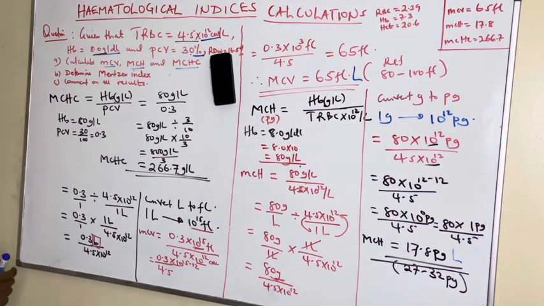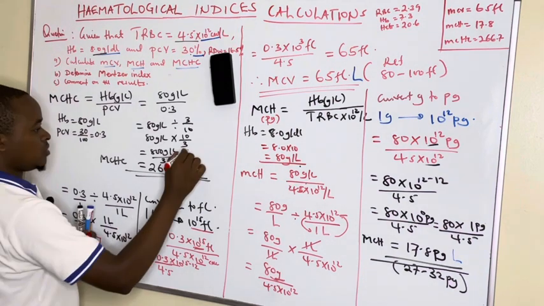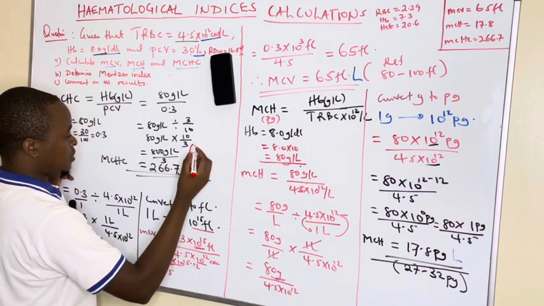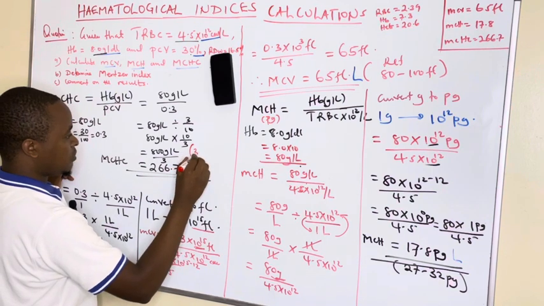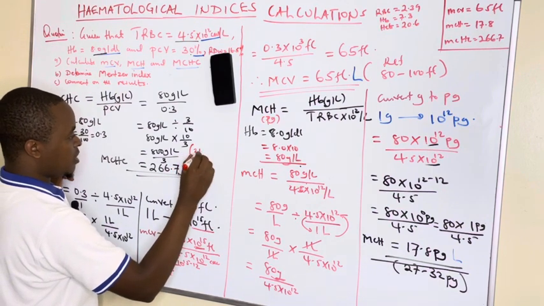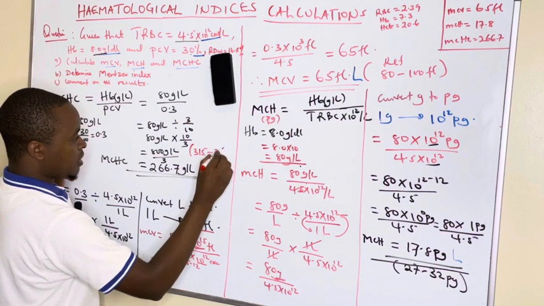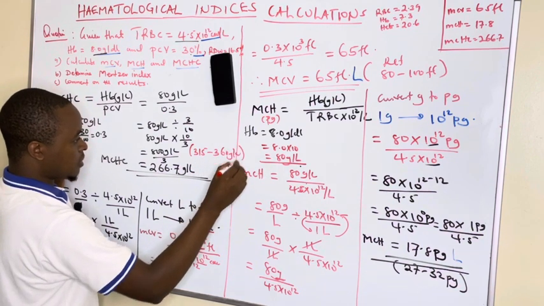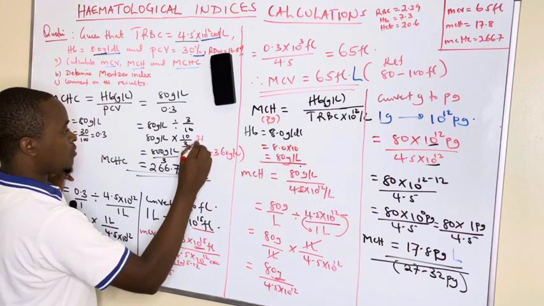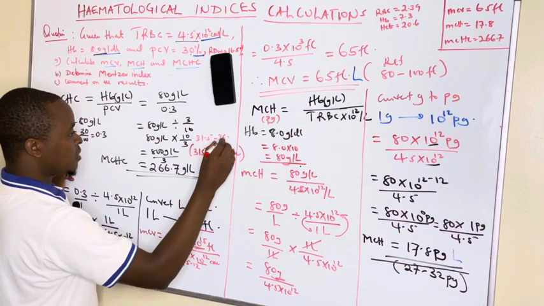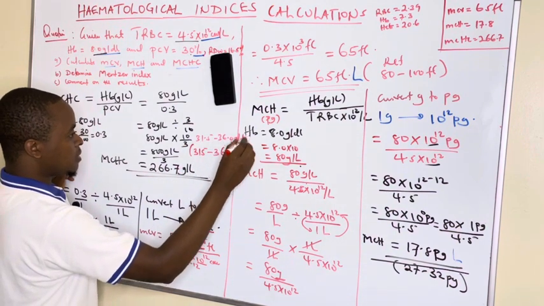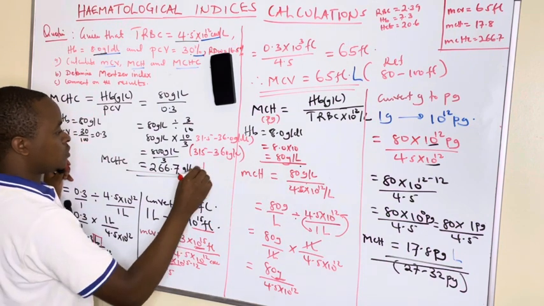And we are also saying MCHC, its reference range is between 315 to 360 grams per liter, or you can say 31.5 to 36.0 grams per deciliter. So this one is also low.